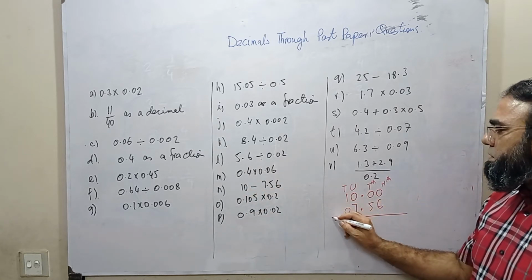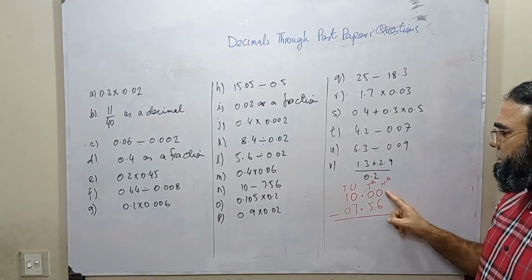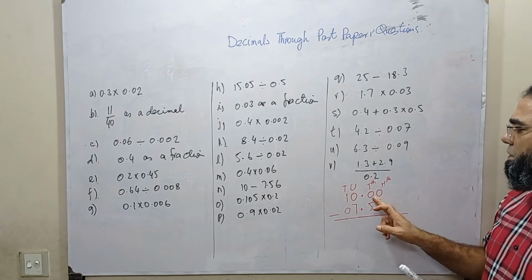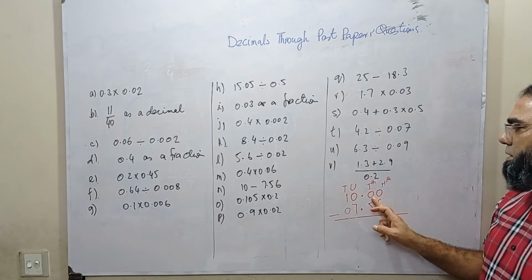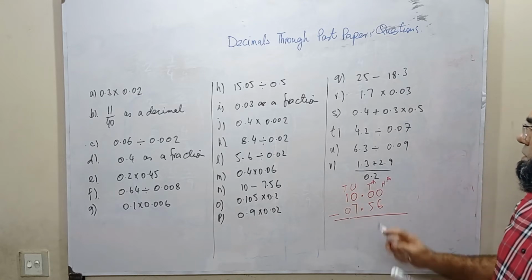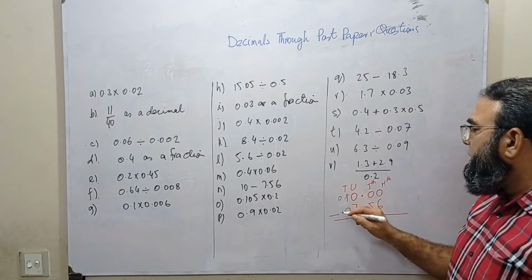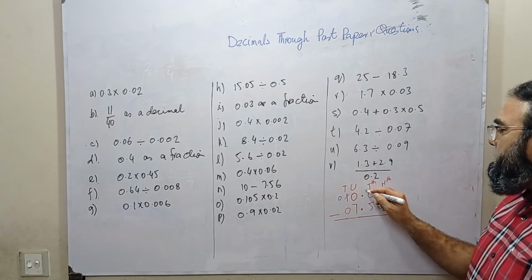The rest is that you must know how to subtract now. You can't take 6 from 0, so you need to take a carry from this 0. This 0 has nothing, so it will talk to this 0, and this will talk to this 1. So this 1 will become a 0 over here, and this becomes 10, and then it gives 1.